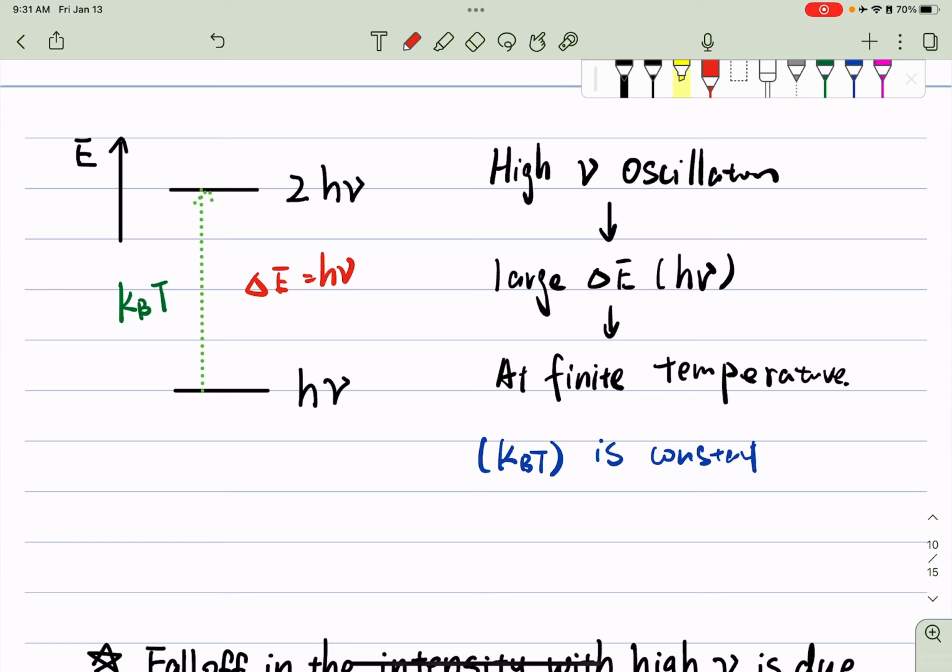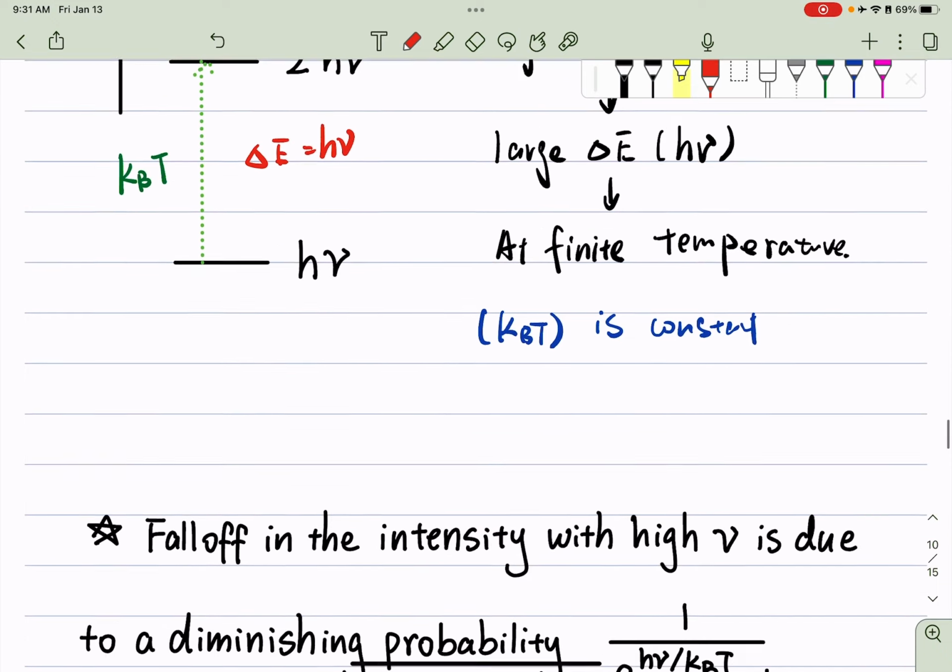So it depends on your frequency. At higher frequency, these oscillators have lower probability of being activated. That is why, going back to the blackbody radiation, in the high frequency region we don't have as many oscillators activated as in the lower frequency region.